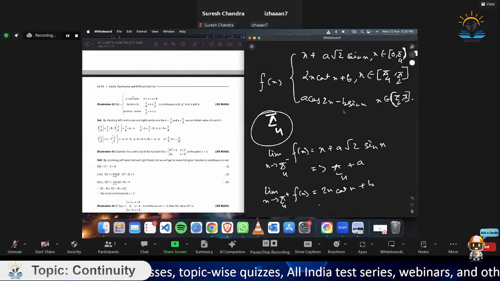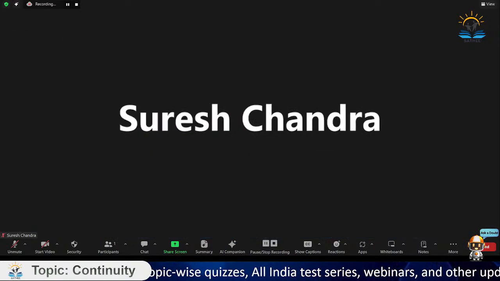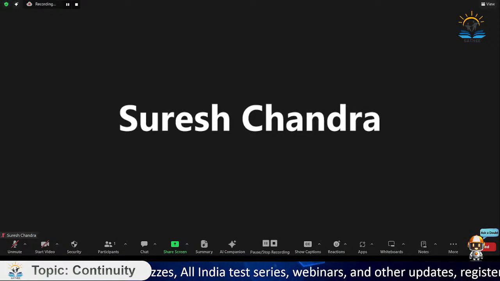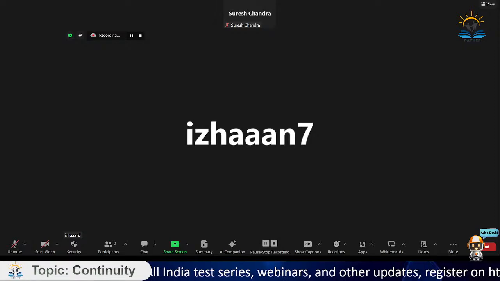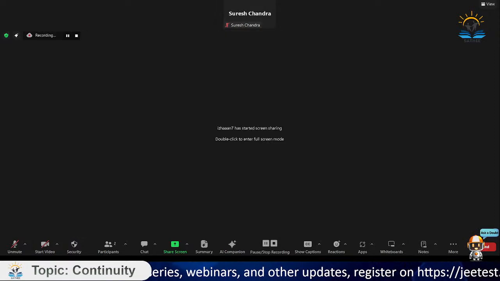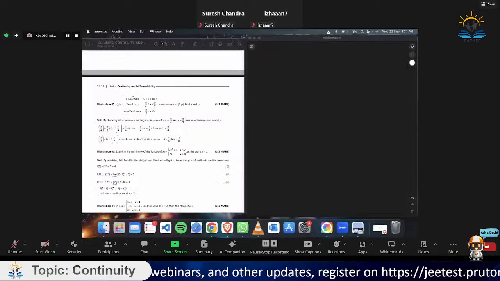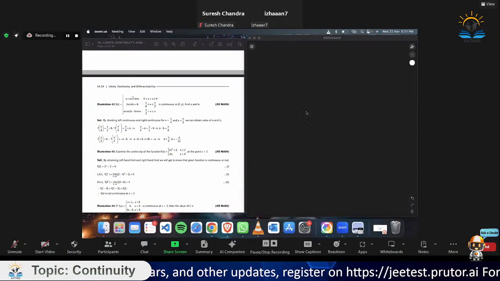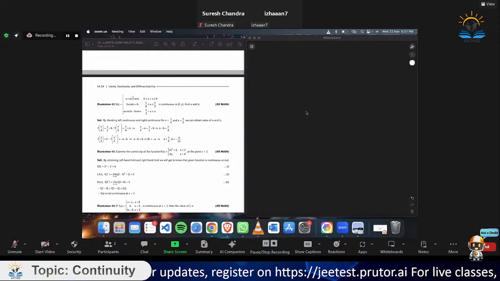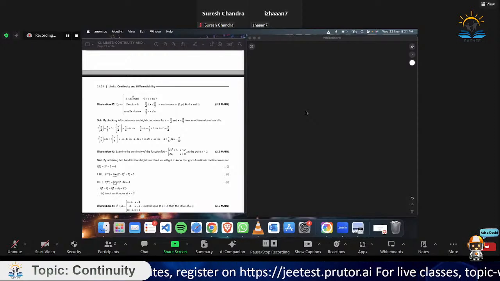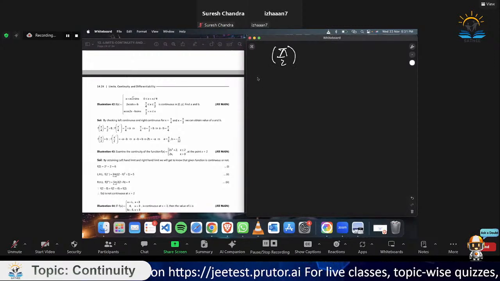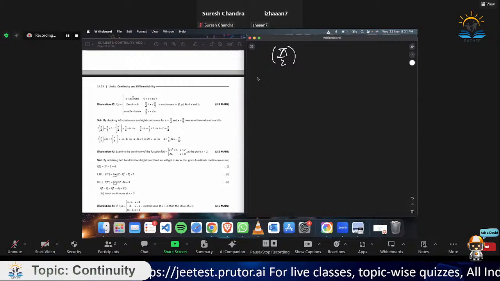Now moving on to the next check point. Okay, so moving on to our next check point which was pi by 2, right? So first I have to do f(pi by 2 minus) from the left hand side.